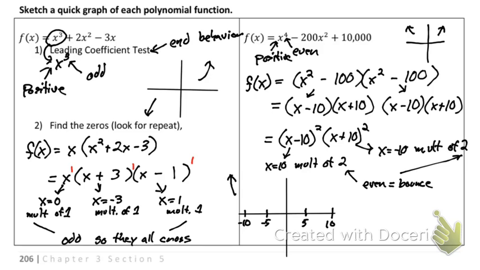Well, let's see what happens. At negative 10, it's supposed to bounce, so it's going to bounce off. Then it has to make it back when it hits 10. So it'll bounce off at 10 and go up. Once again, at negative 10 and 10 it bounces. It starts high, it ends high. This is our graph. It's a big old W.